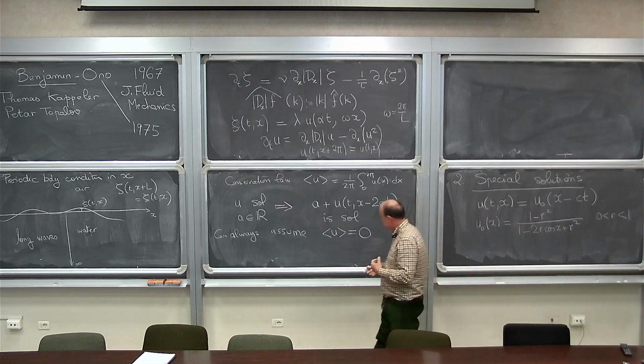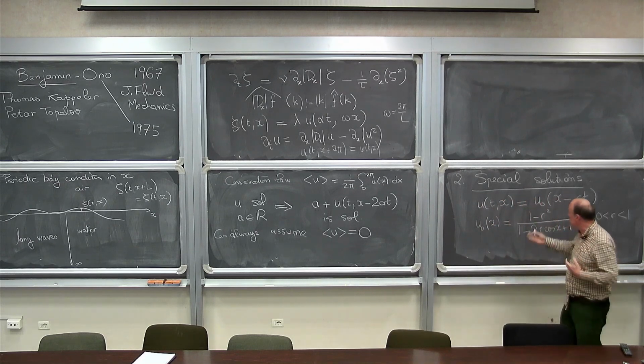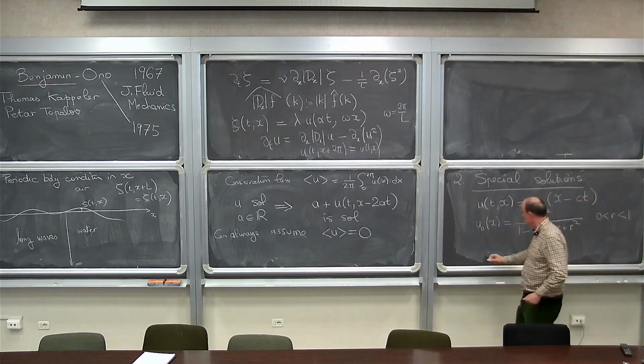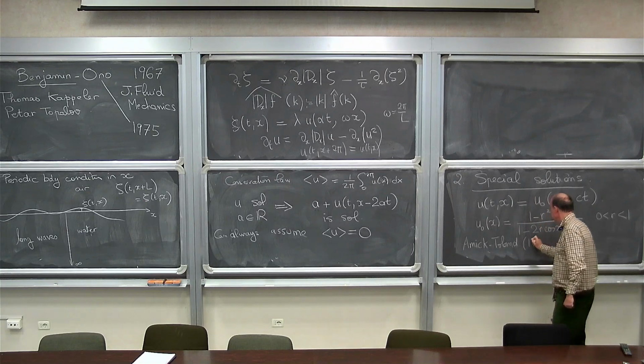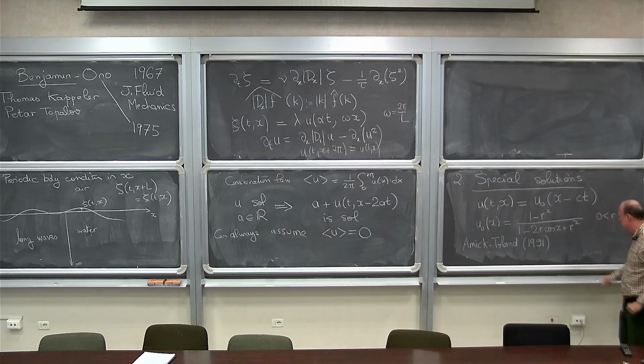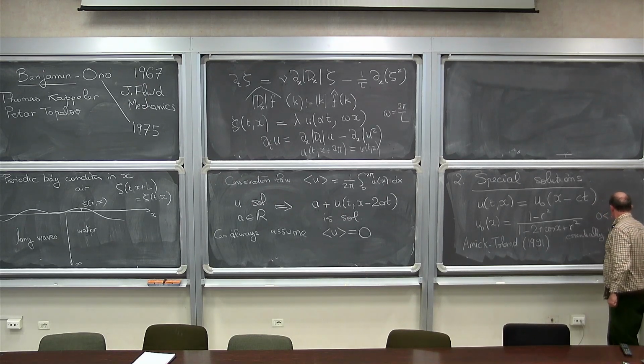Okay? And in fact, you may ask whether there are other such special solutions, and it was proved 24 years after this, by Amick and Toland, that they are essentially the same, the only solitary waves.